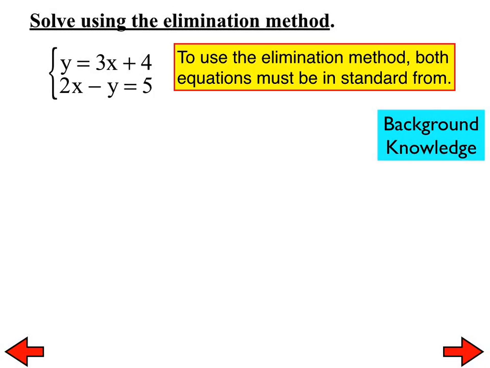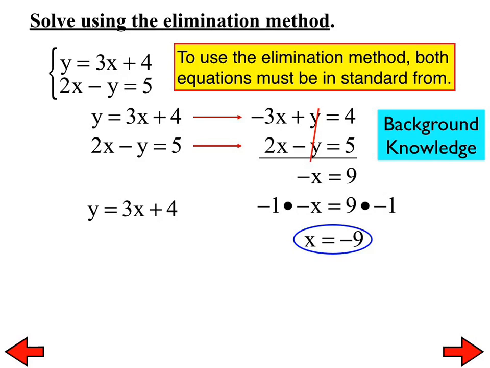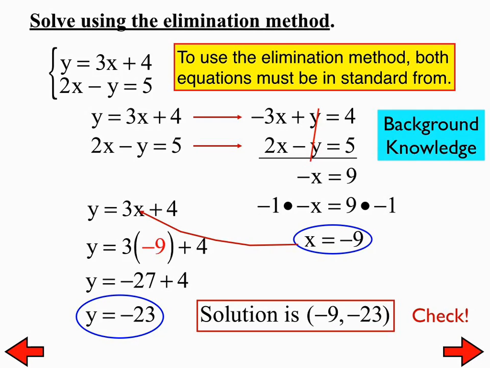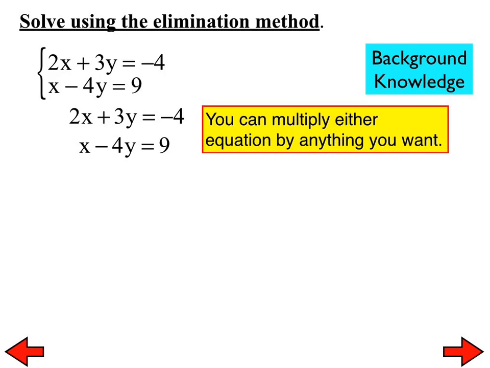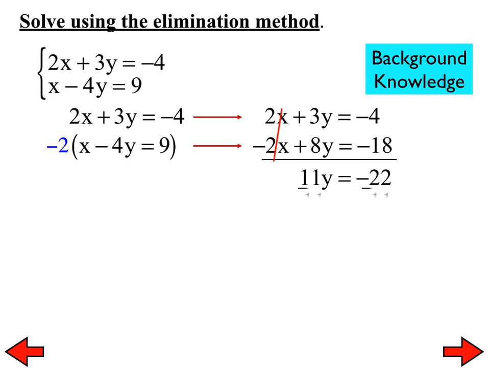We also talked about sometimes that they're both not in standard form, so sometimes we may have to turn one of them into standard form. And then we talked about the idea that sometimes we have to multiply one equation by something to get something to be eliminated. Like in this one, we decided to multiply the bottom equation by -2, and so on.